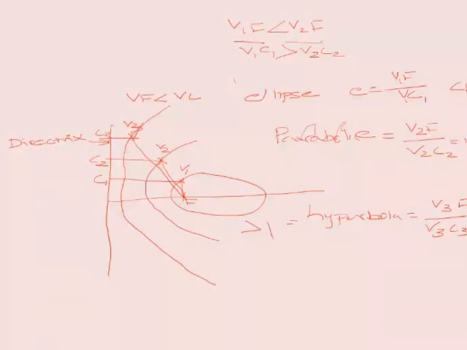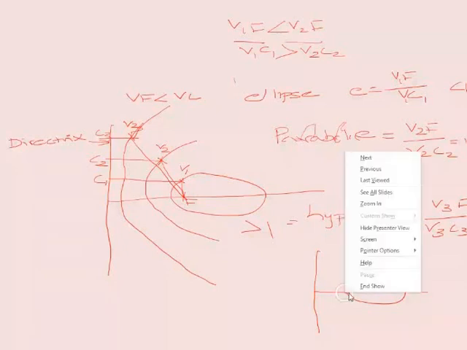So now what we are going to do is move this point to the intersection of the curve and the directrix. So this is my focus, and I can take any point on the curve. I'm going to take this point.